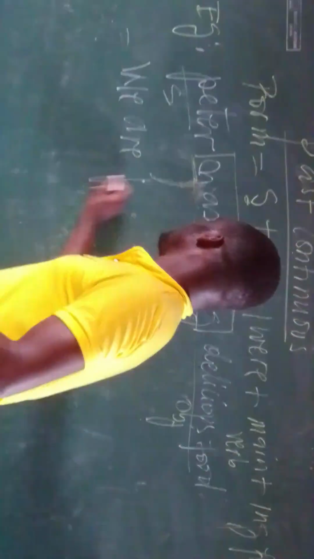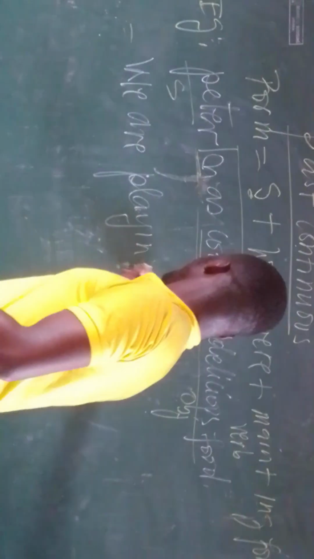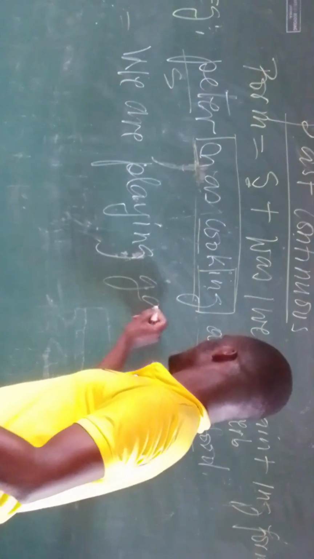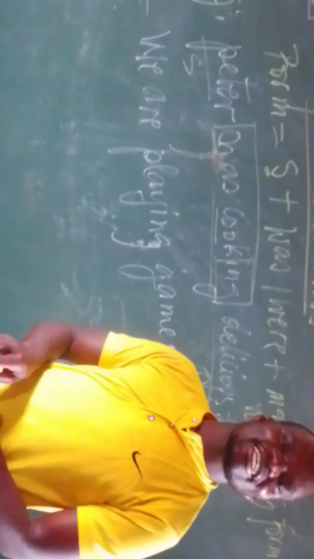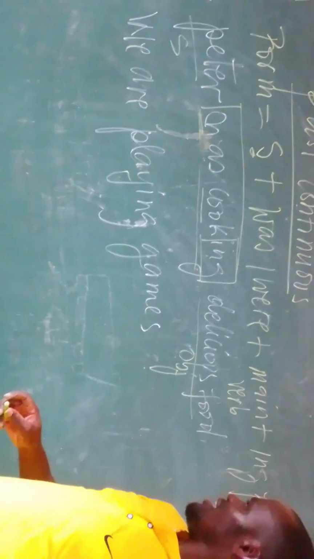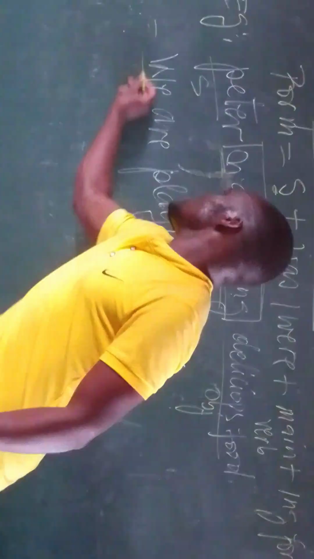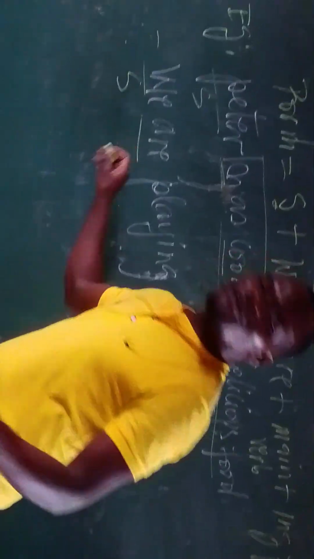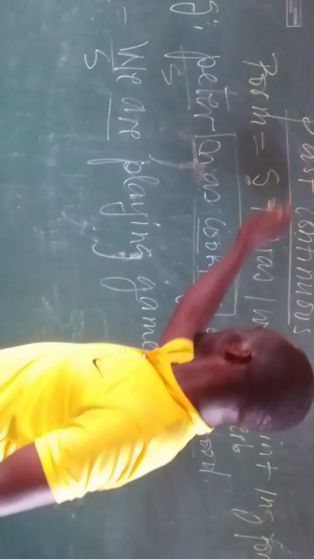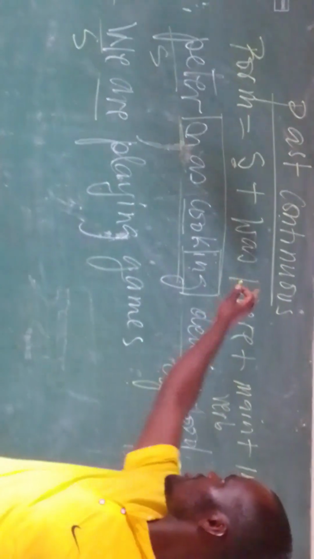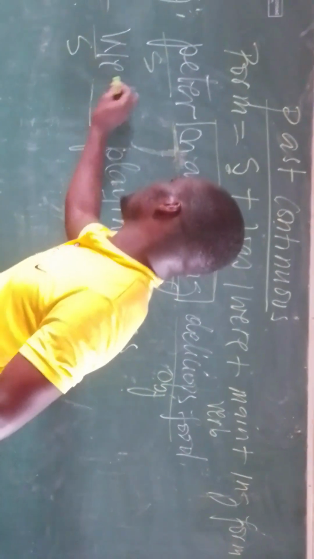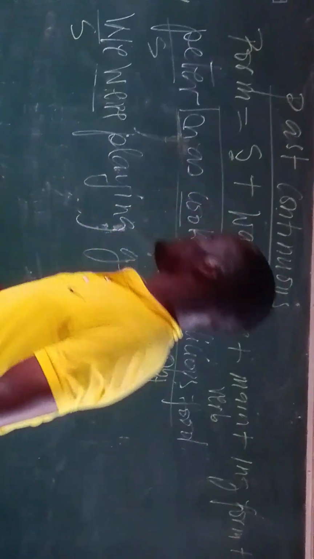So we can have another example where we can say we were playing games. You see, this is the subject, this is the helping verb. We are in simple past continuous, so here it should be were.